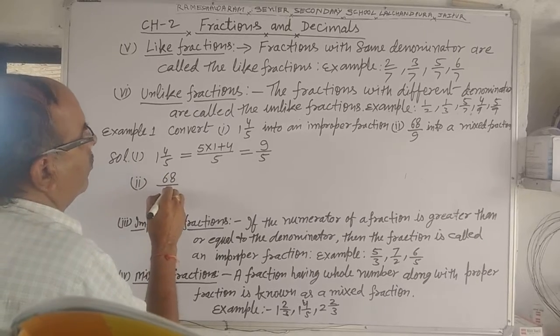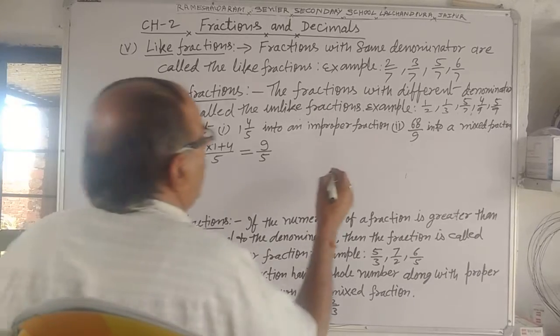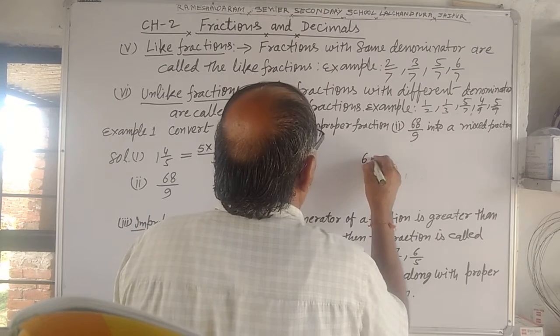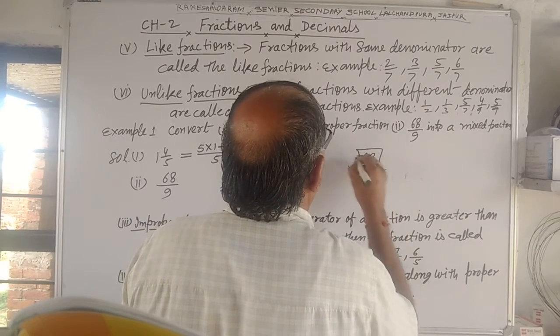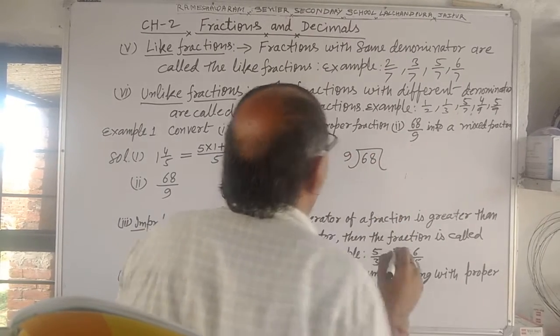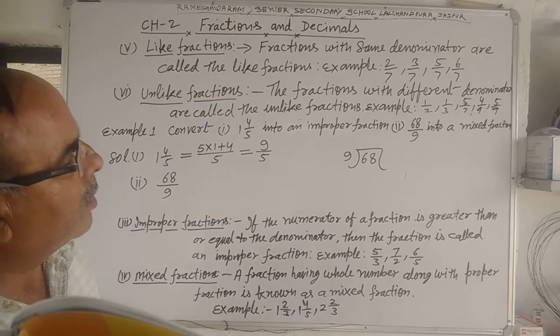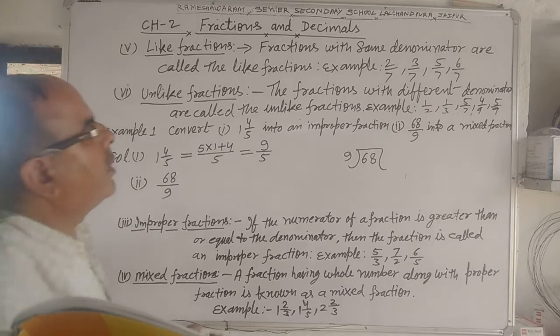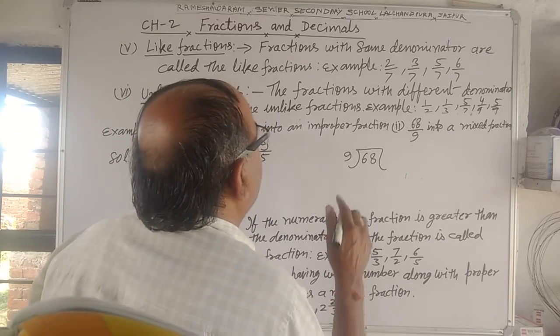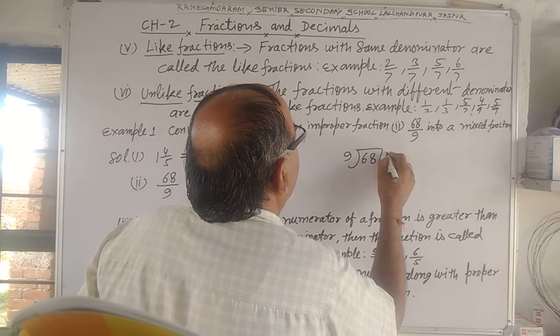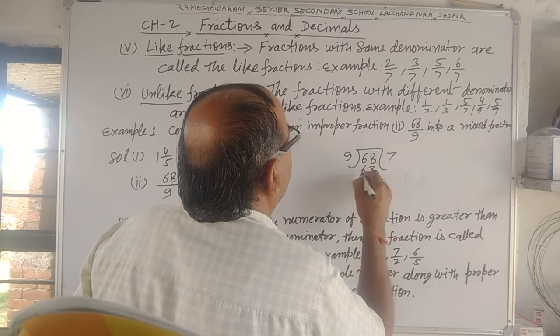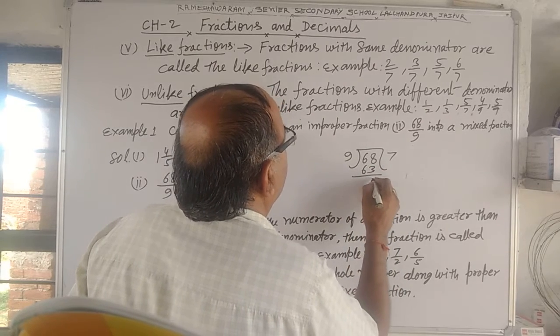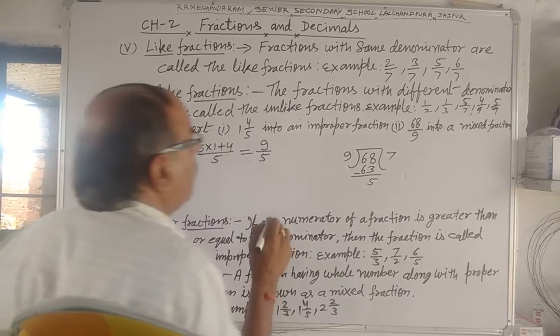The second, 68 upon 9. We divide 68 by 9. 9 sevens are 63, remaining 5.